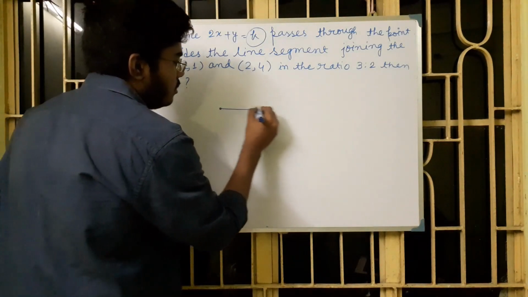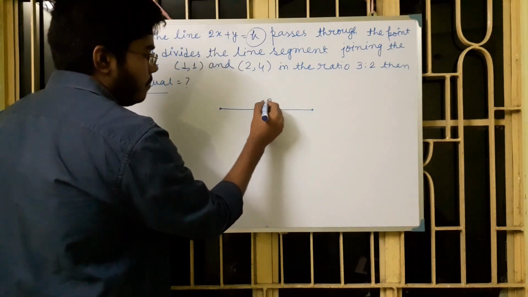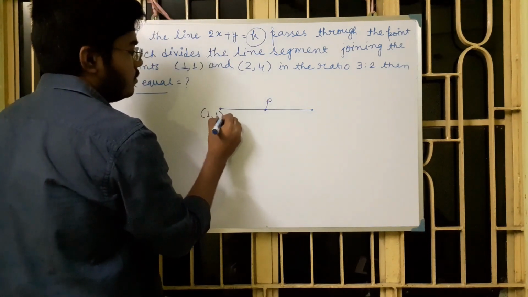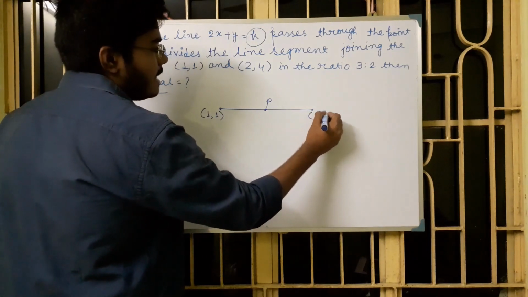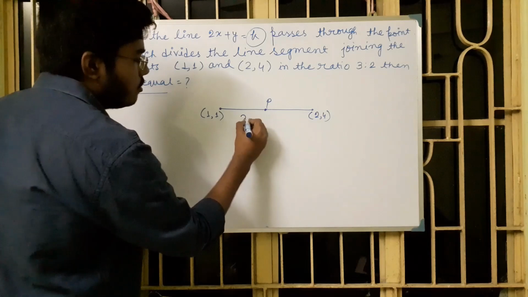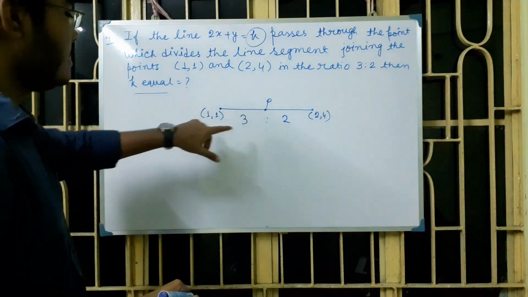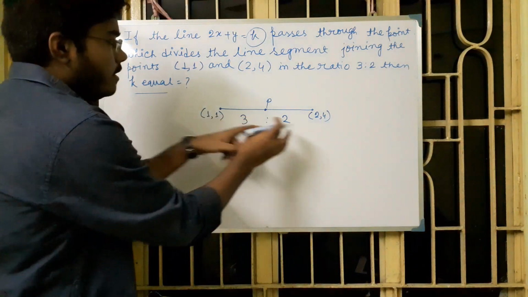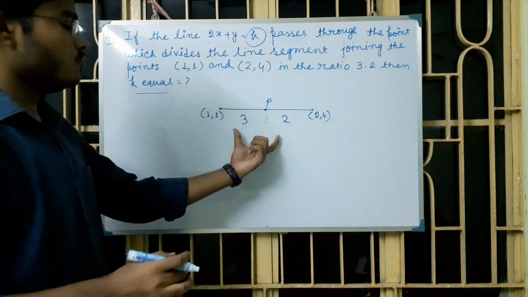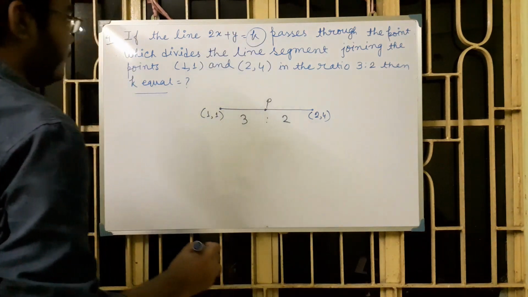This line passes through that point P, which divides the line segment joining (1, 1) and (2, 4) in the ratio 3:2. The straight line passes through that point.